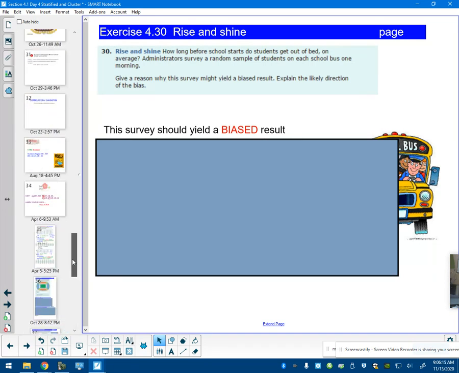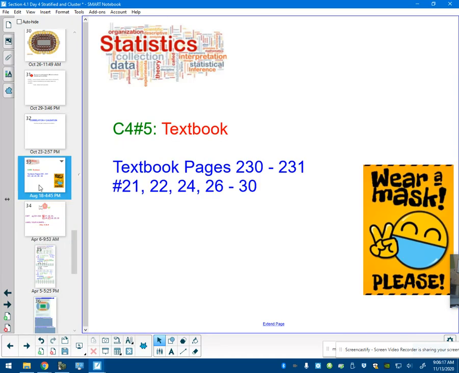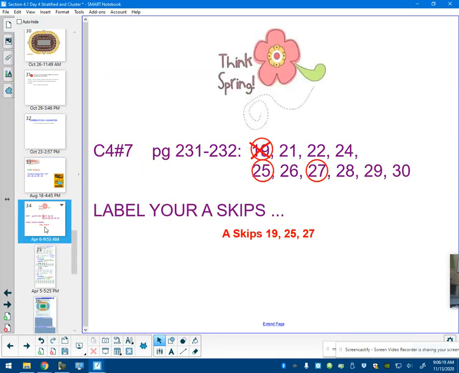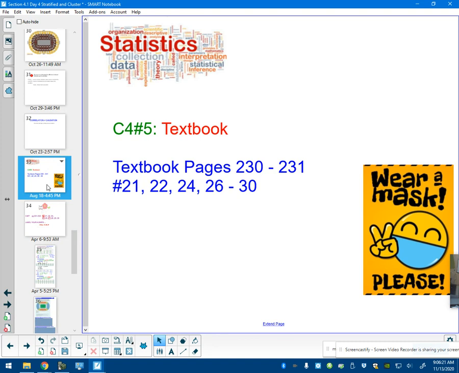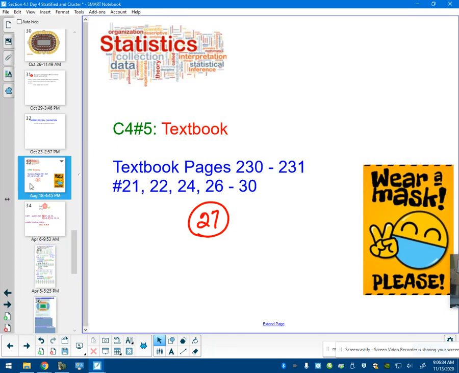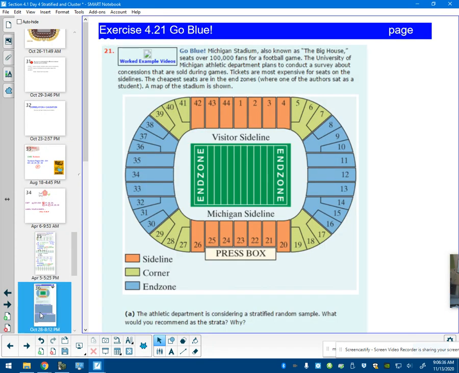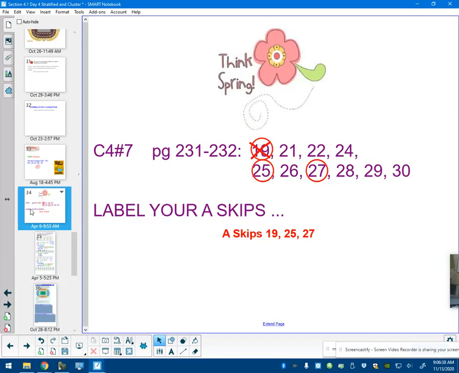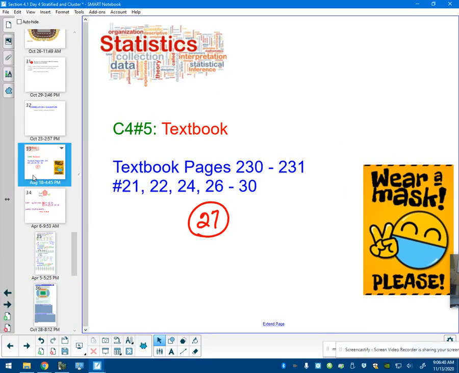And I still didn't give you your test back. We do have A-skips, by the way. The A-skips are going to be 25 and 27. We don't have 25. Okay, the A-skip will be 27. Can't you pick another one, Mrs. Garrett? No. Okay, that's 21, which I kind of want you to do because we didn't do that one together.